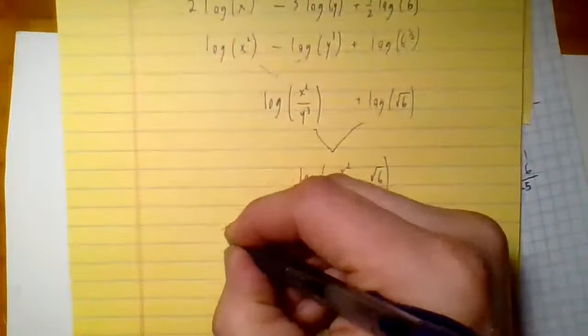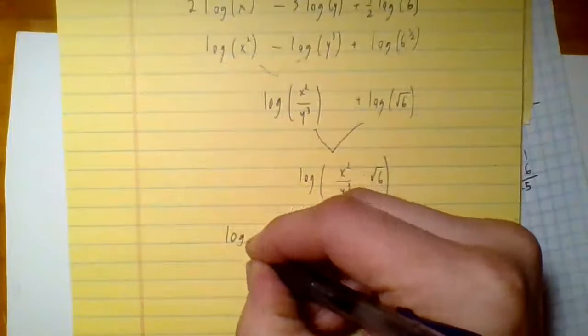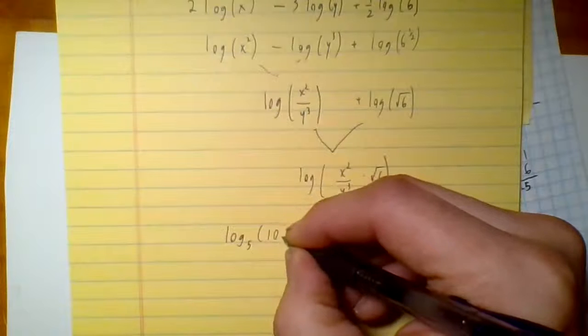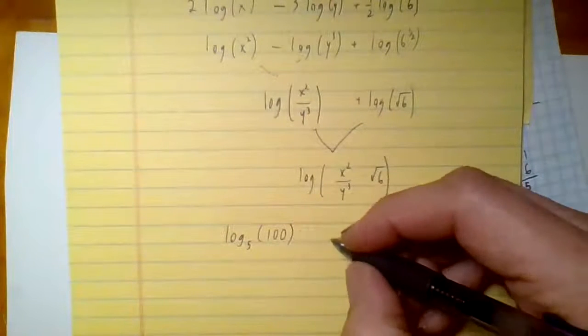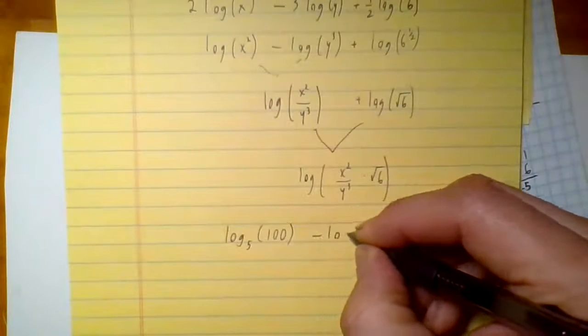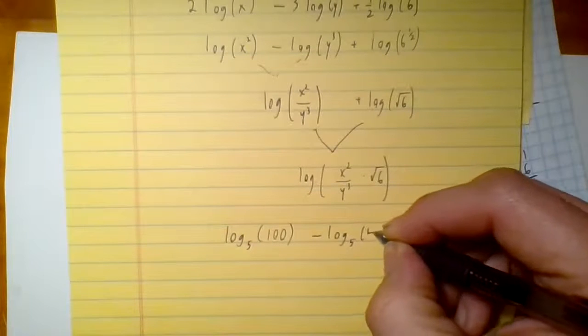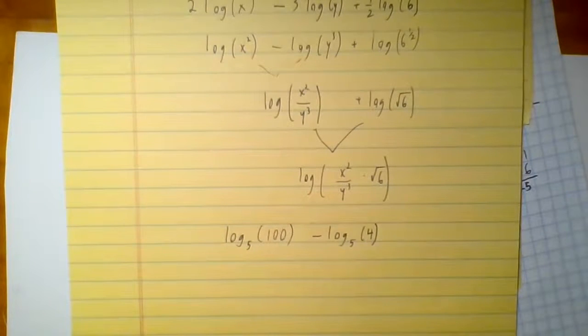If we've got something like the log base 5 of 100, minus log base 5 of 4, you see how that makes a difference in this process here. This is again starting off as two separate things and working to get a single logarithm, but you can see where it might pay off in something like this and how we get one more property involved in this thing. We'll be able to simplify this.